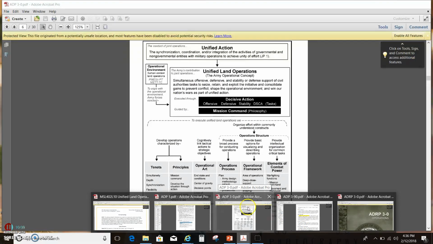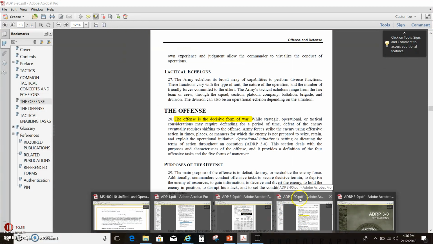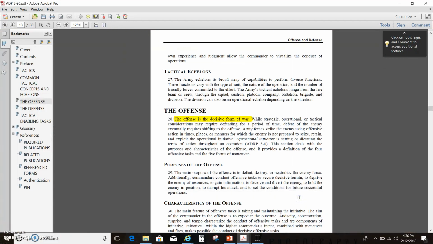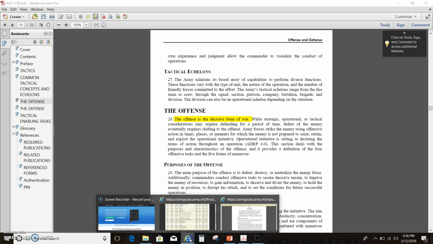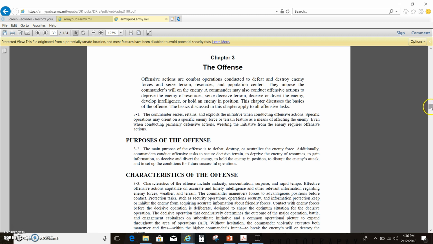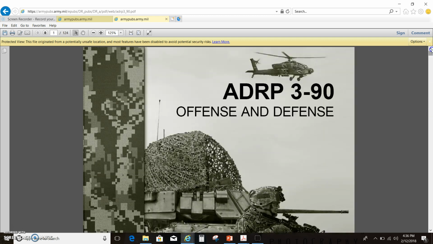All right, and so ADP 3-90 is the offense and defense. Gives you kind of the conceptual overview of what the offense is. And then the ADRP 3-90, which is offense and defense, kind of goes a little bit more in depth.